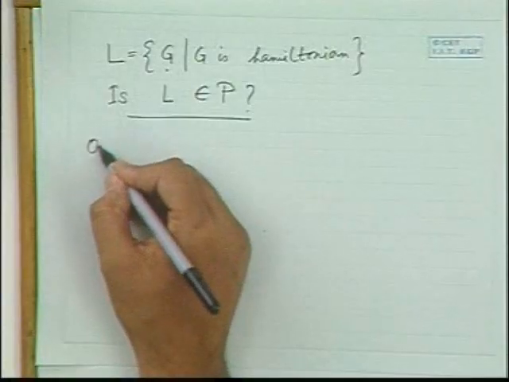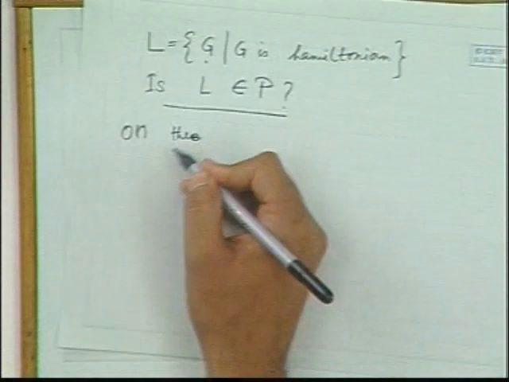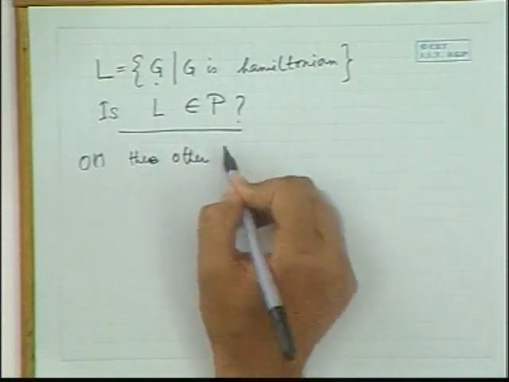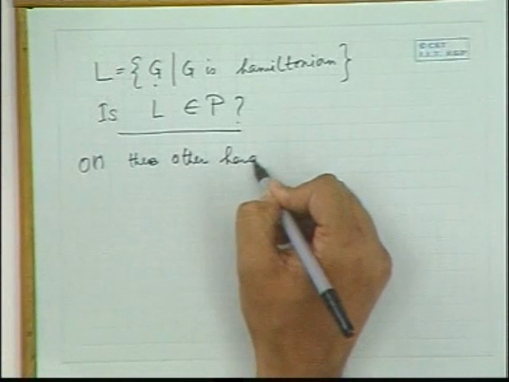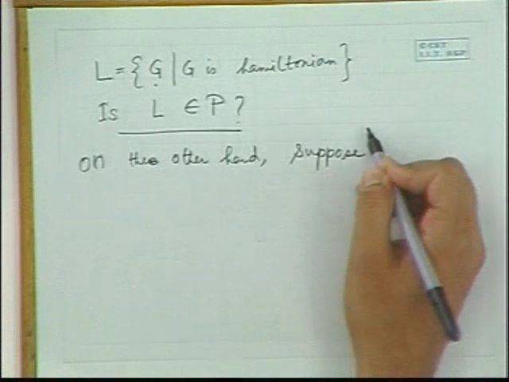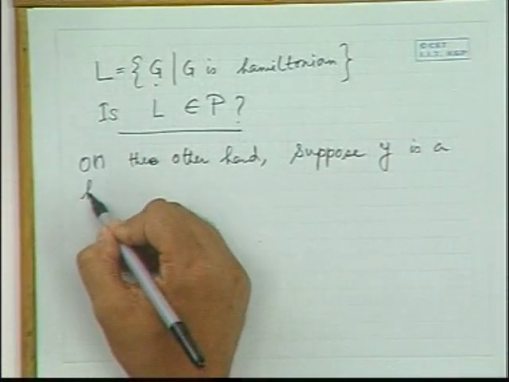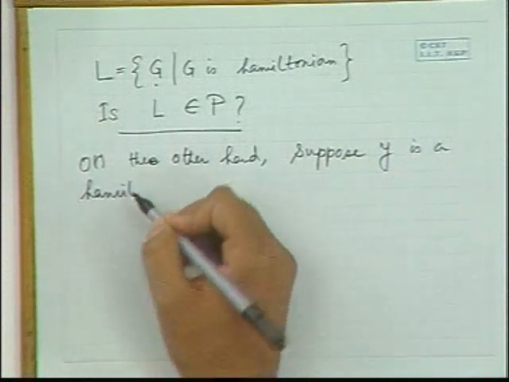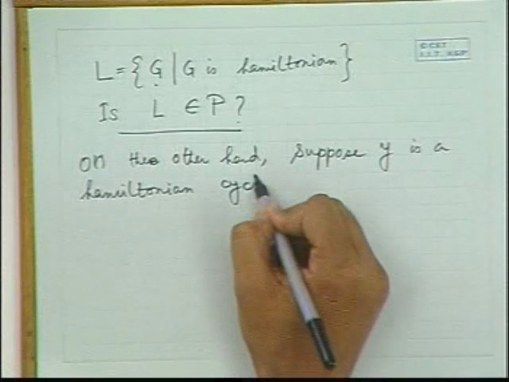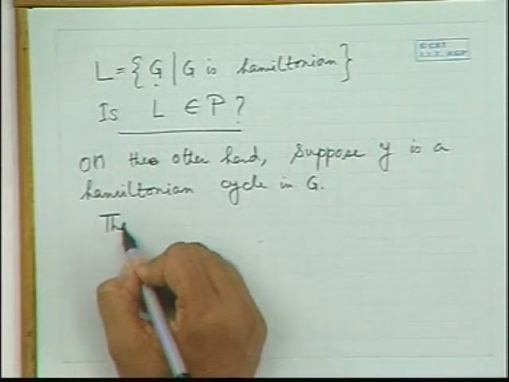On the other hand, suppose Y is a Hamiltonian cycle in G, then we are considering this language.